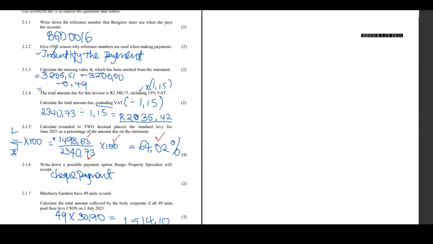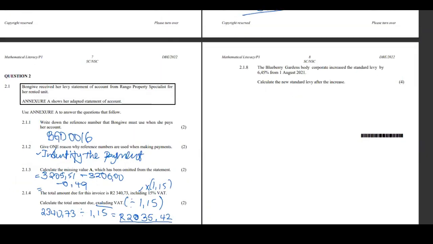The last question, question number 2.1. Let's look at this. They say the Blueberry Gardens Body Corporate increased the standard levy by 6.45% from 1st August.